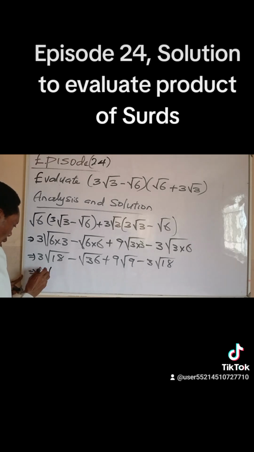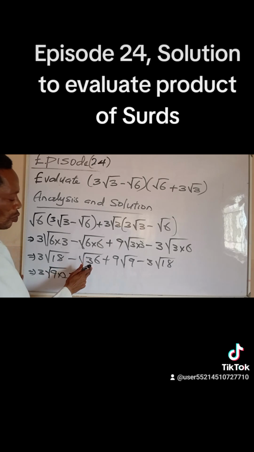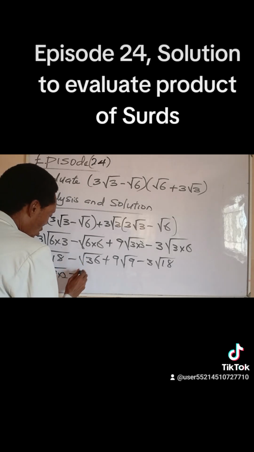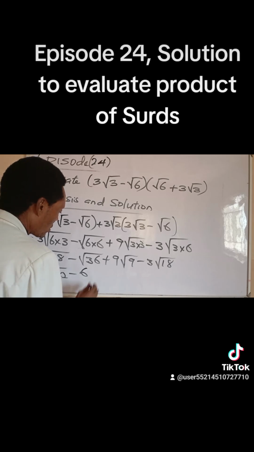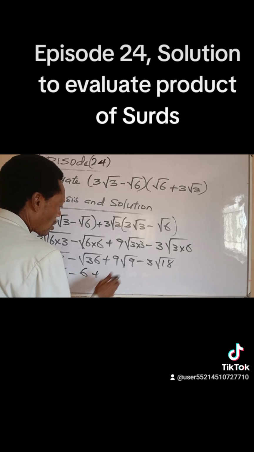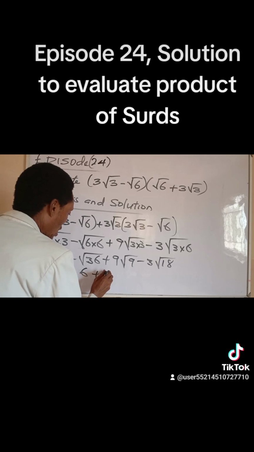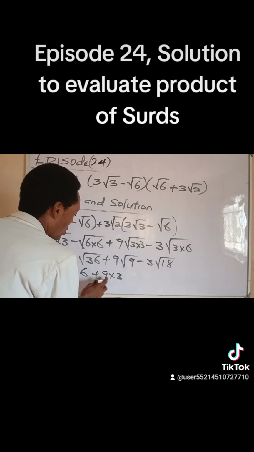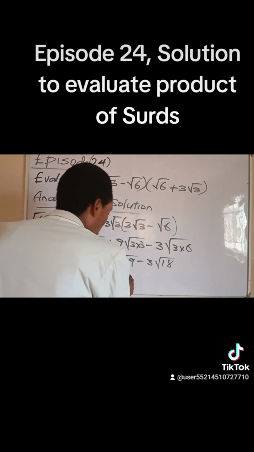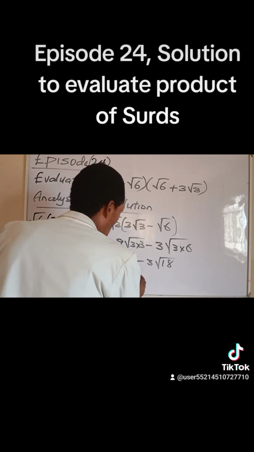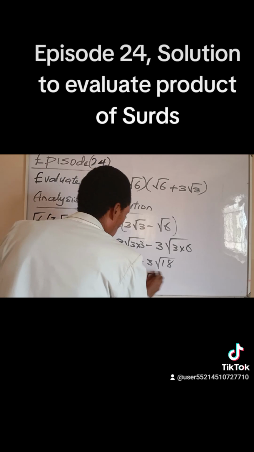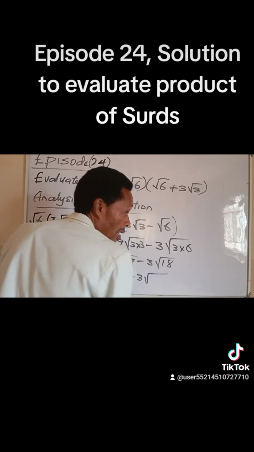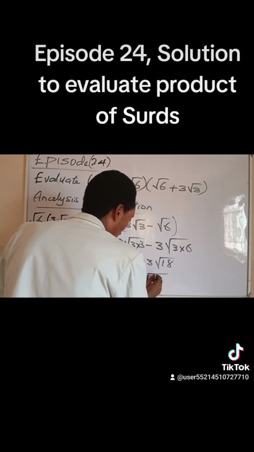So here we have 3√(9 times 2), minus √36 which is 6, then plus 9 times √9 which is 3, then minus 3√(9 times 2).